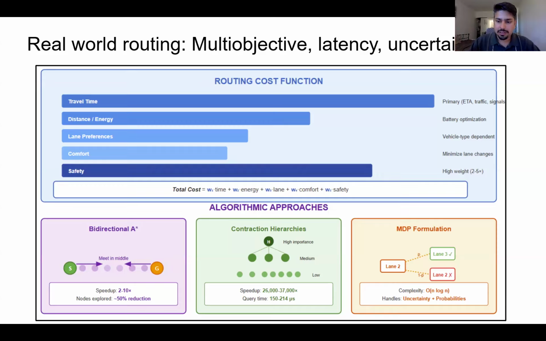Another thing I want to talk about is the way you are formulating your world: any kind of lane change is not a deterministic lane change. In general, you would model that with a lane change action for your search. In a deterministic world, when you think about a lane change, you are always able to do it, and you pay a cost for it. But reality is closer to a more stochastic version, where you have a likelihood of making that lane change because of traffic and other things.